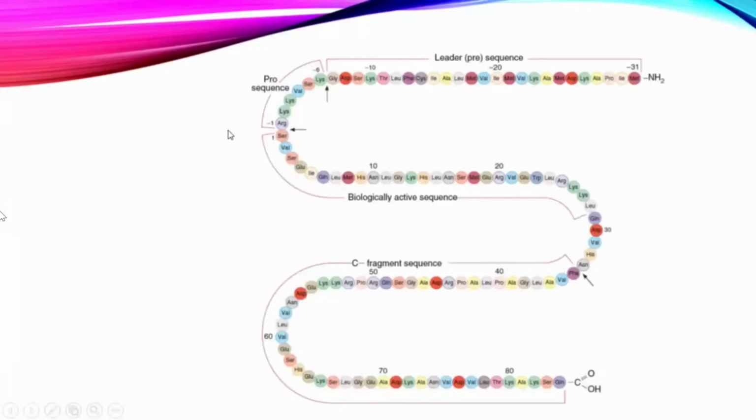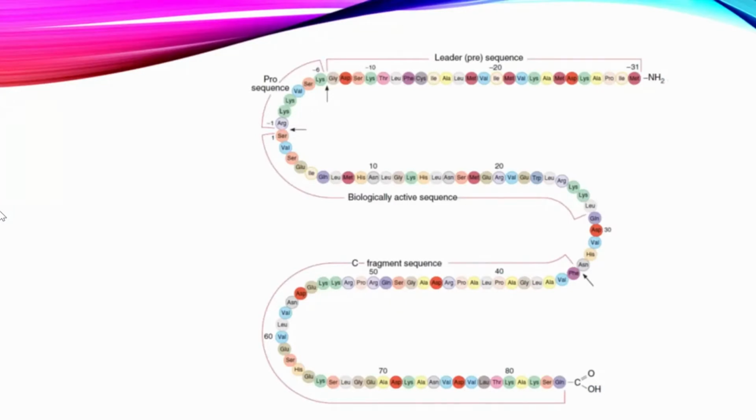Now this is the structure of the pre-pro hormone. Like other polypeptide hormones, this hormone is synthesized as a pre-pro hormone, which is the inactive hormone. During synthesis it contains 150 amino acids, and its molecular weight is 13 kilodalton, that is 13,000 Dalton.